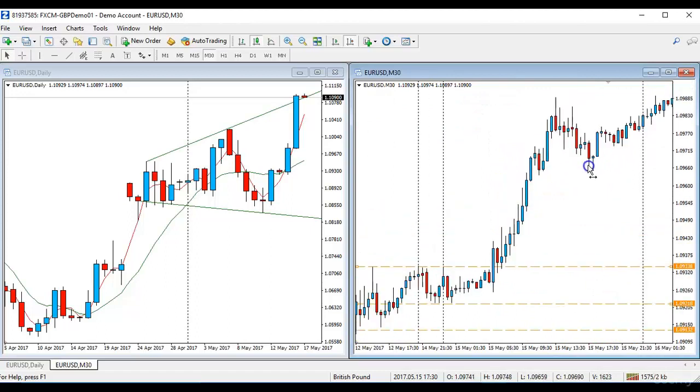Price bursts through this level here, and this is when we're expecting this. We're expecting this to happen.